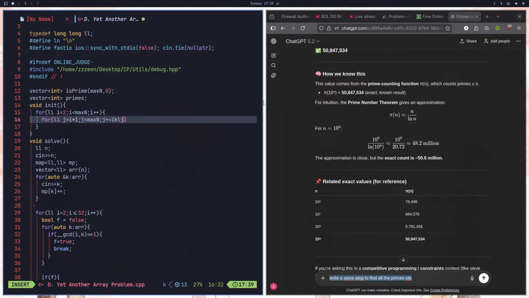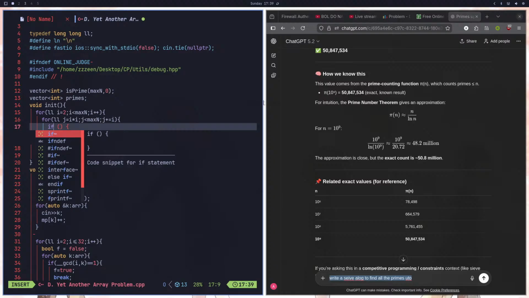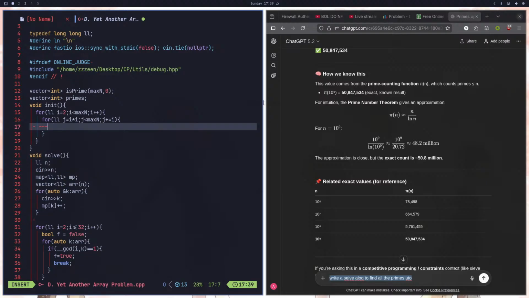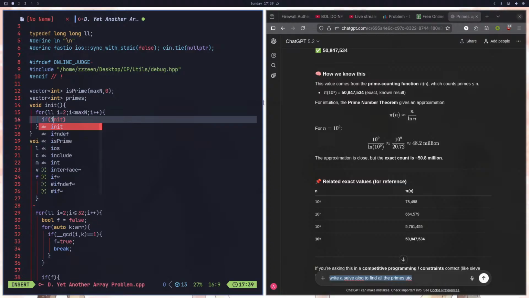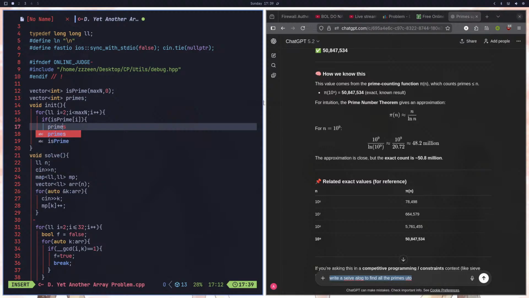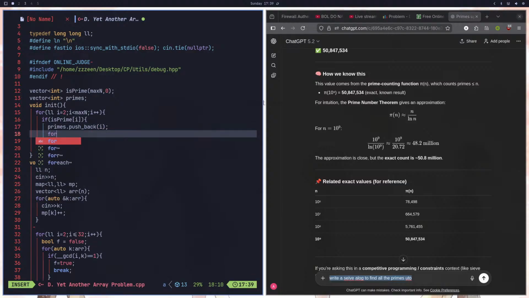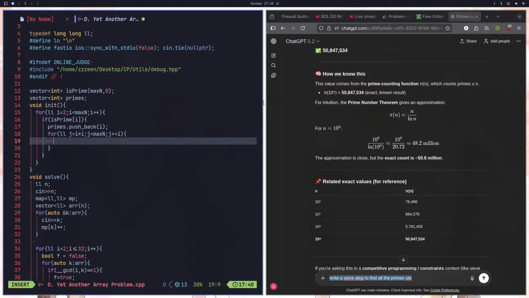If is prime of i, primes dot pushback i. Then for j equal to i into i, j less than max n, j plus equal to i, is prime of j equal to 0.